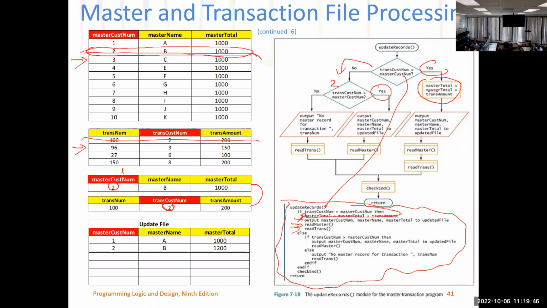Read the next record from the transaction. If not, you have the two possibilities. If your transaction customer is greater than master, you output customer name and master total to the update file, and again you read master here. If not, something is wrong with the transaction here. Okay, that's the process here.